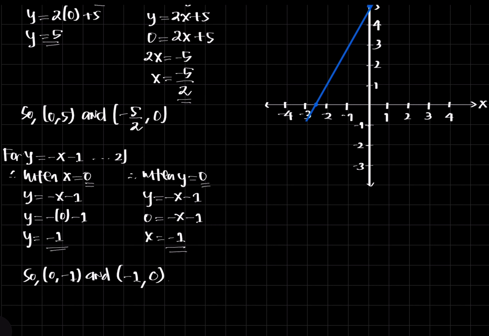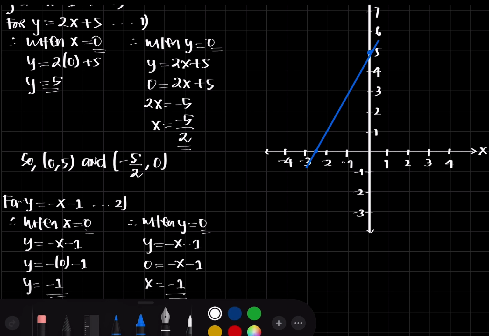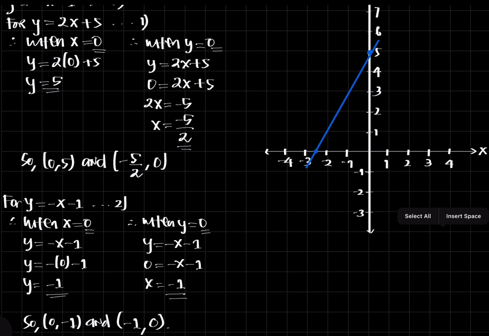Now let's plot it into the graph. 0 comma negative 1 is here, and negative 1 comma 0 is here. So you can draw a line by plotting them together.